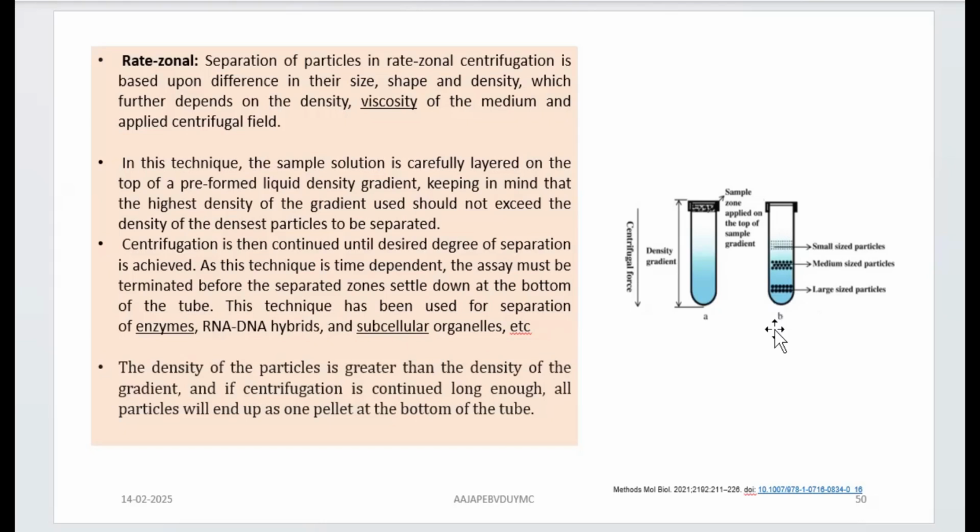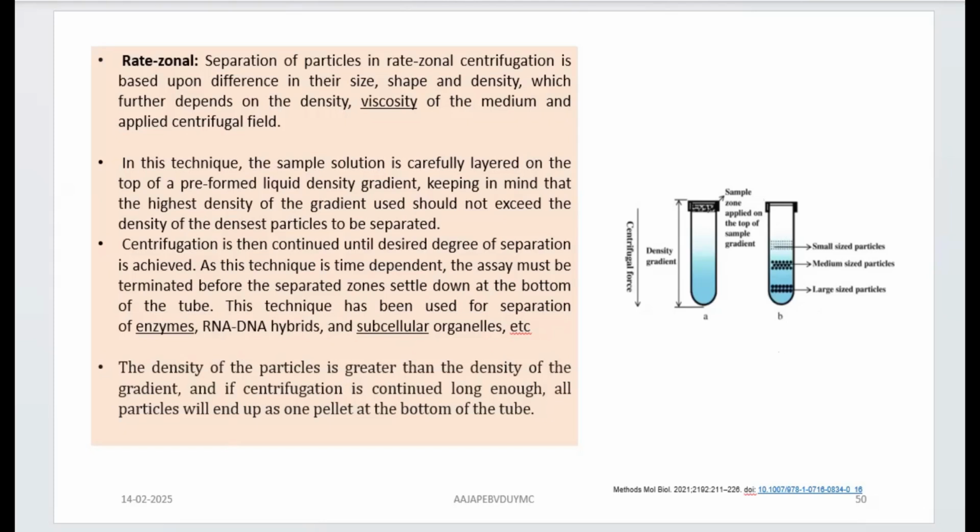Centrifugation time also is very crucial, and the gradient that you are choosing, whether it will be 5 to 20, 5 to 25, or 5 to 27% sucrose, needs to be optimized, right? So the point is, if the density of the particle is greater than the density of the gradient and centrifugation is continued longer, a pellet will get formed and not the separated zones, right?